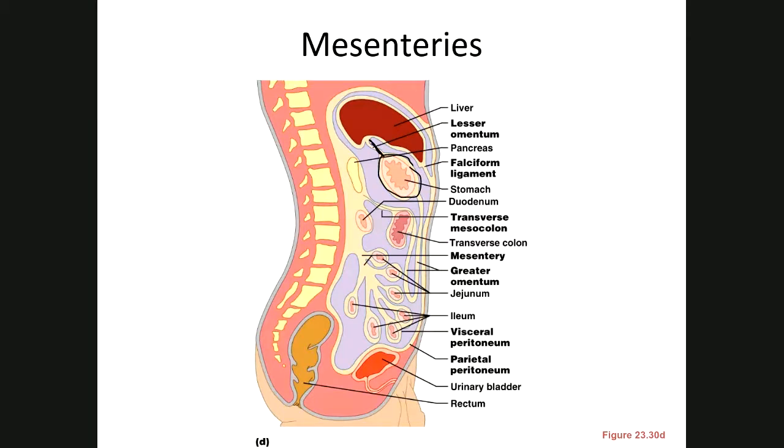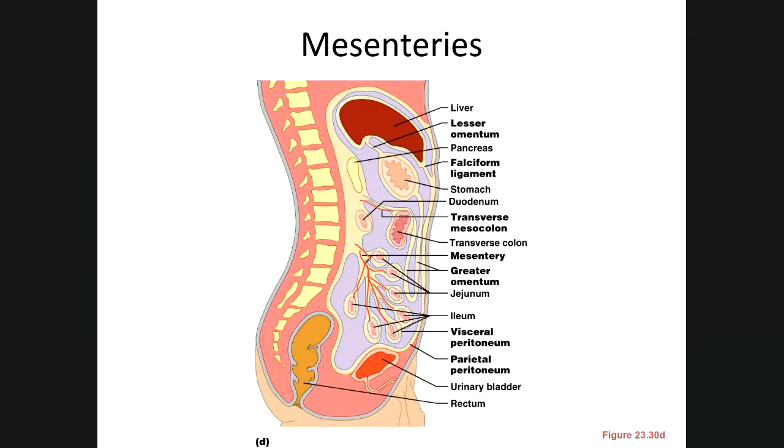And that organ is hanging in there by this. And these are hanging by this. Not only does it suspend the organ in there, but this is how blood vessels get to the organ. So there are arteries that run right through here to get to that organ, run right through here to get to that organ. So these mesenteries are really, really, really important.